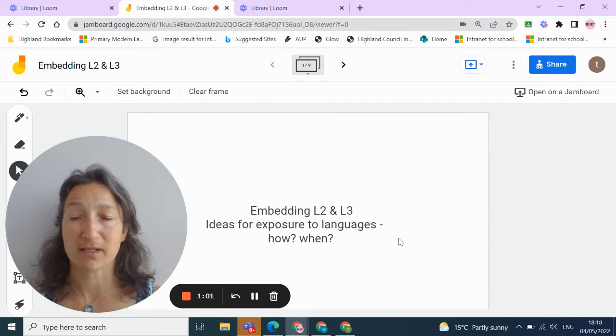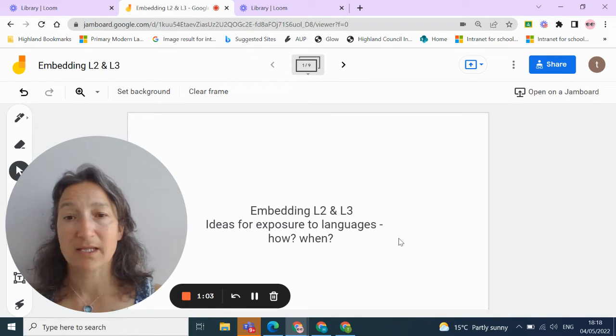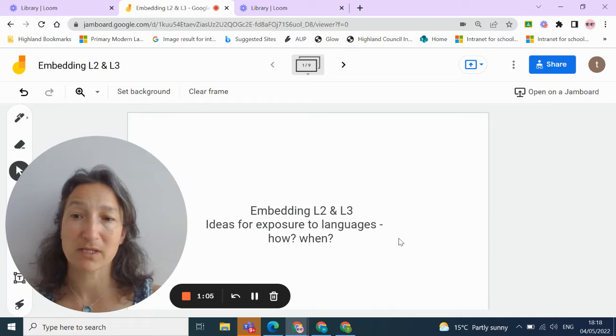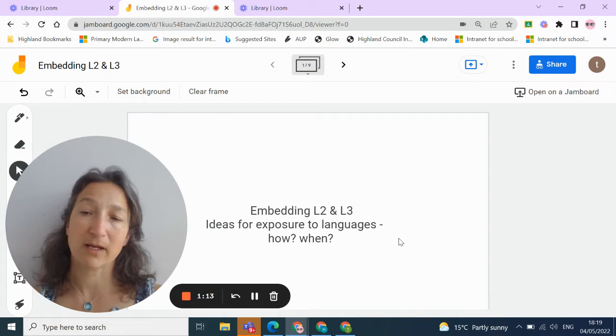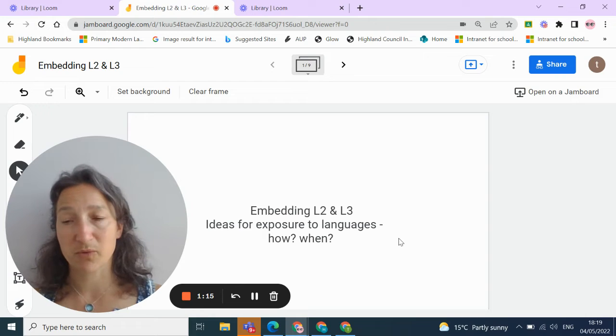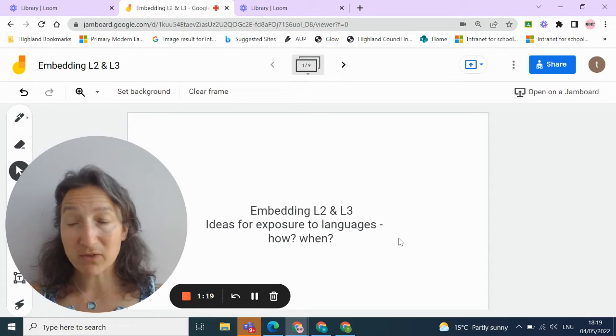So what I'd like us to think about first of all is how we can embed languages, both the L2 and the L3, at any stage in primary from P1 through to P7, and how we can expose pupils to these languages. So how would we do that? When would we do that?